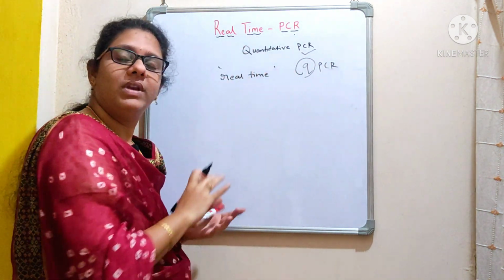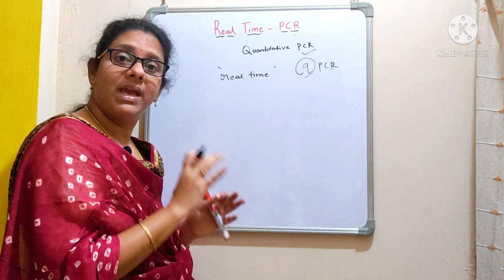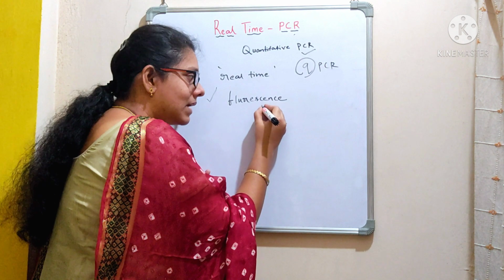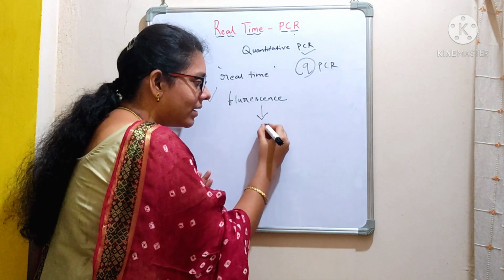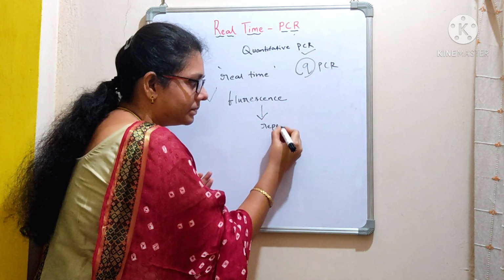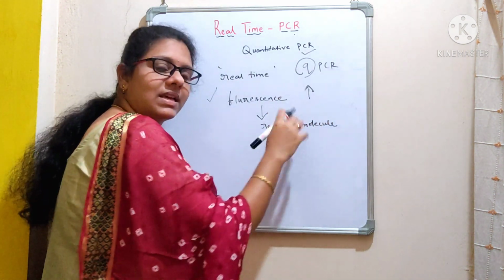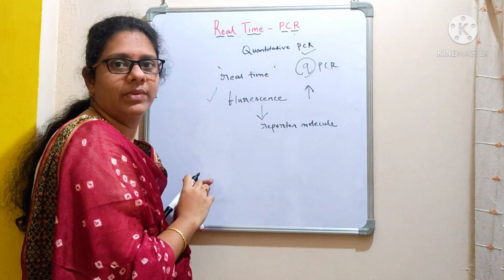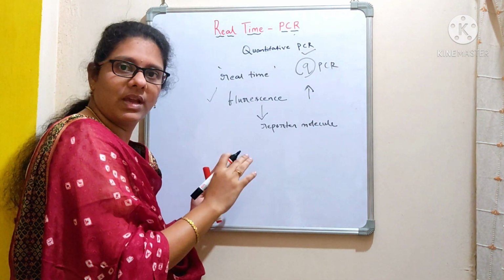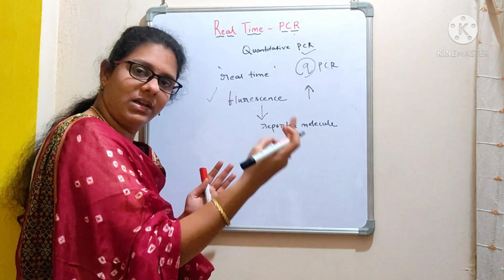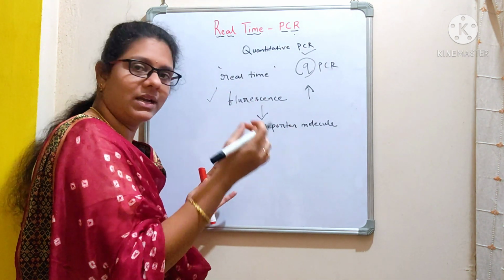This method of real-time PCR is based on the detection of fluorescence that is produced by a reporter molecule, and this fluorescence increases as the reaction proceeds. See, we are going to set up a reaction, right? In a PCR, we go through three different steps: denaturation, primer annealing and extension.